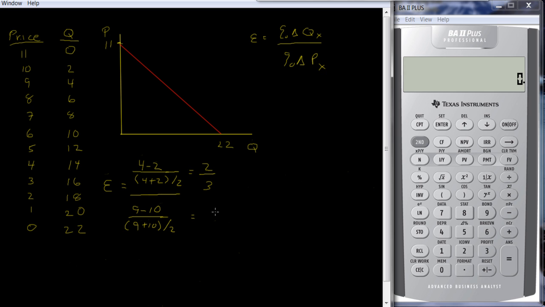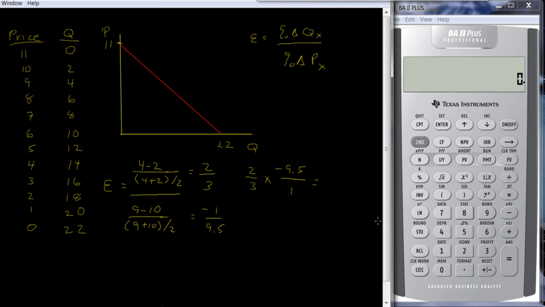And if you work that out, this is going to be negative 1 over 9.5. Well, we can invert and multiply so that we know that the elasticity is going to be equal to 2/3 times negative 9.5 over 1.